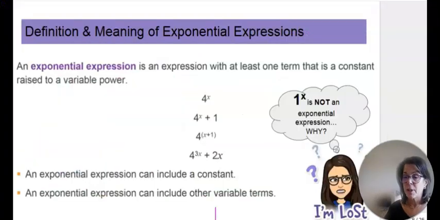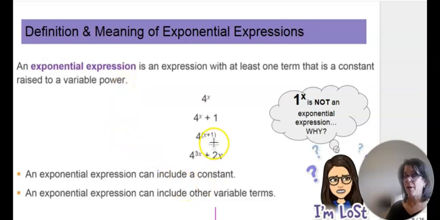An exponential expression is an expression with at least one term that is a constant raised to a variable power. A constant just means a number, any number. An exponential expression has the variable, usually x, but not always, in the exponent.